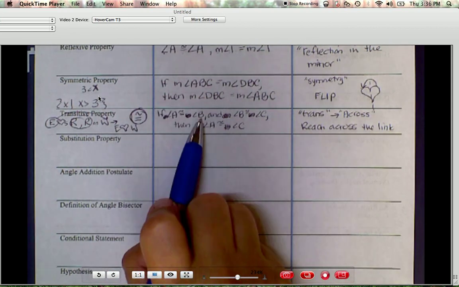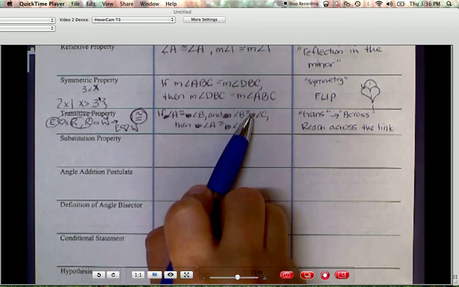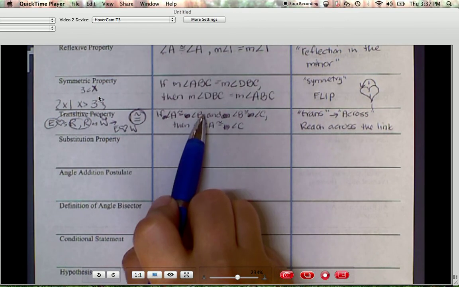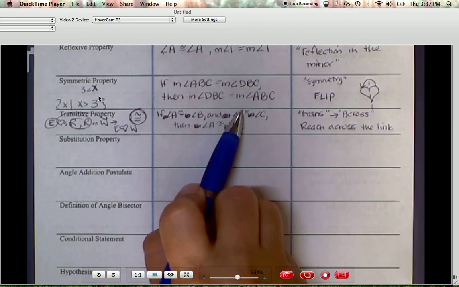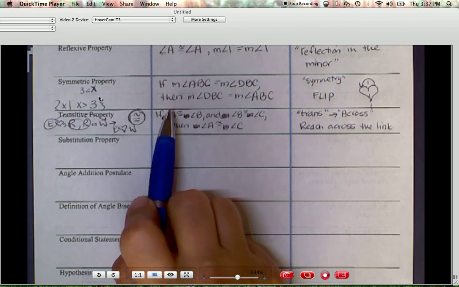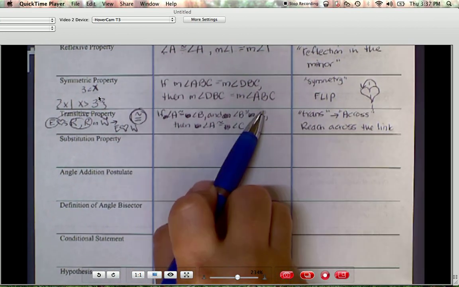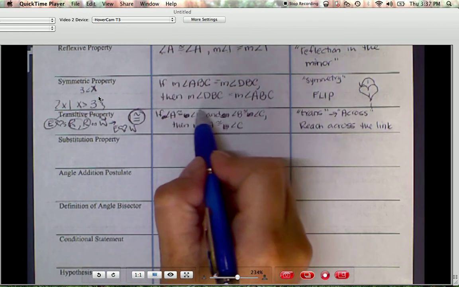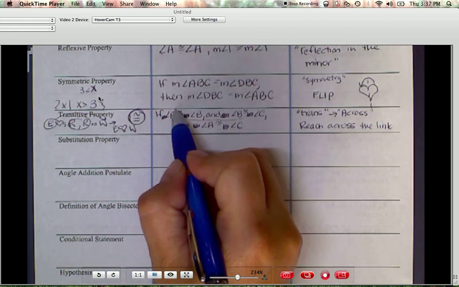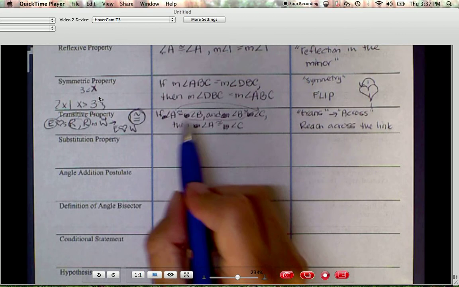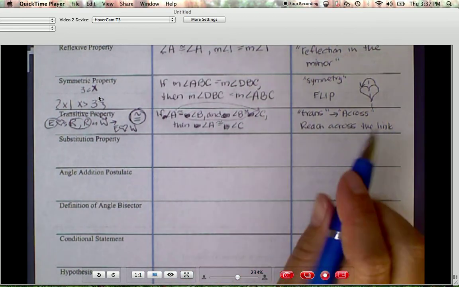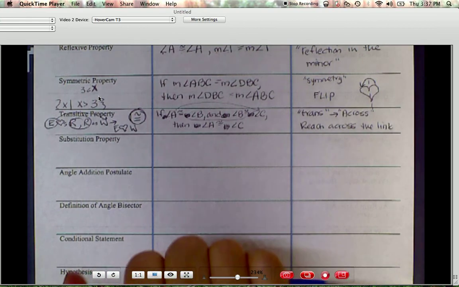Okay. Now the link in this case from the first statement to the next statement is what do they have in common? They've got a B in common. So B is the link. You reach across the link from A to C, and then you can link those two together. So B is the commonality. You reach across that link, and you can say that angle A is congruent to angle C. Transitive. One more example of that.